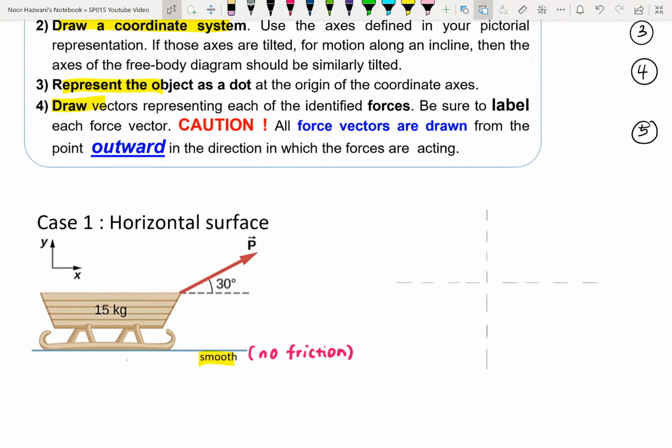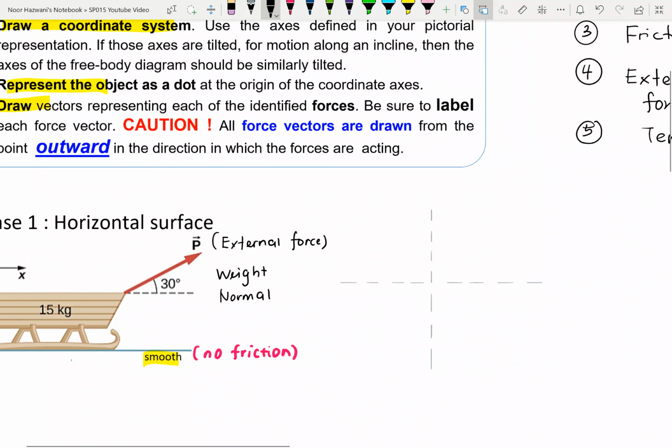So apa yang you nampak dekat sini, P ni adalah external force. And then macam I cakap, weight mesti akan ada untuk semua objek. So kita ada weight. Dan objek ni pula bersentuhan dengan smooth surface. So dia ada normal. So objek ni tak diikat dengan tali. And then friction pun tak ada. So means kita ada 3 sajalah force yang kita dah identify.